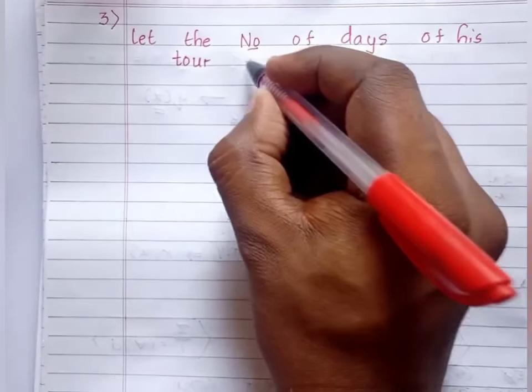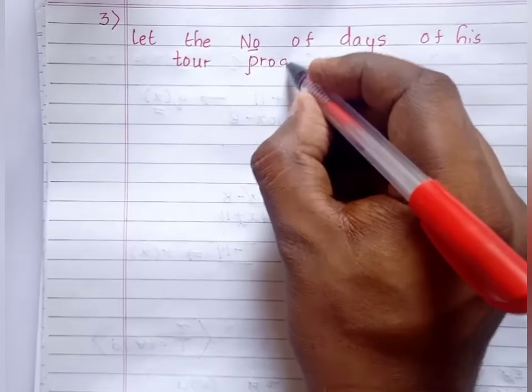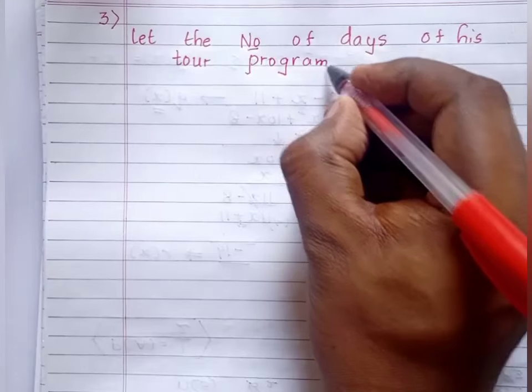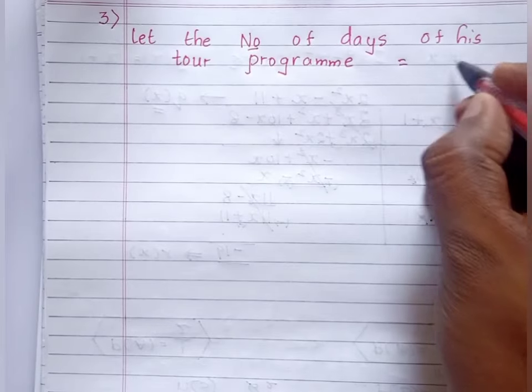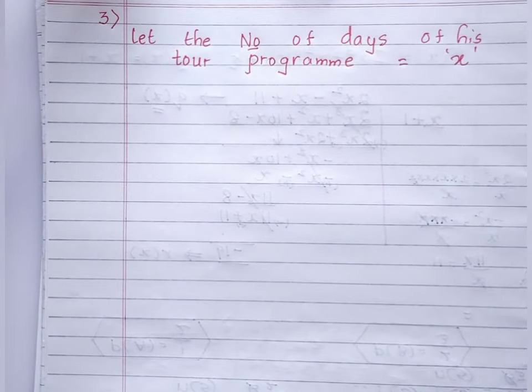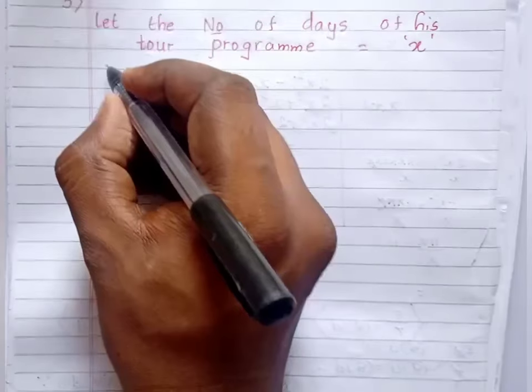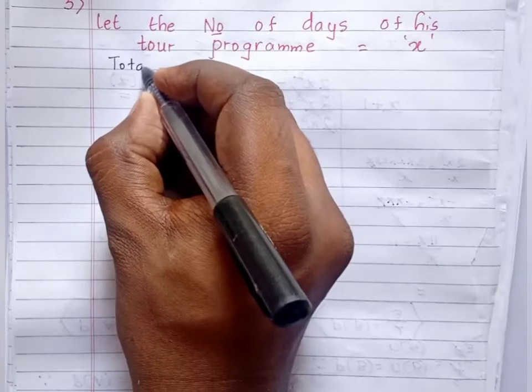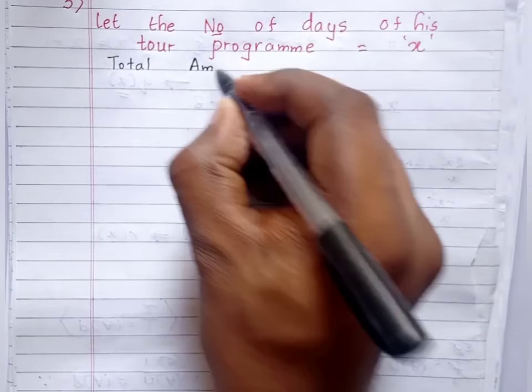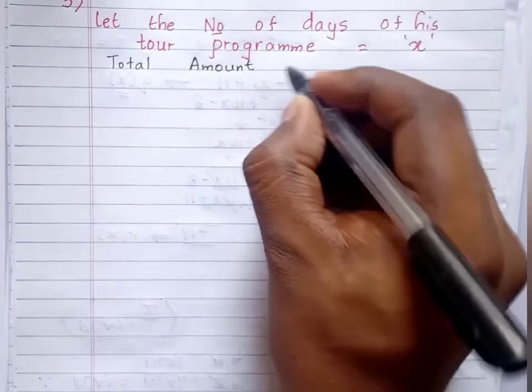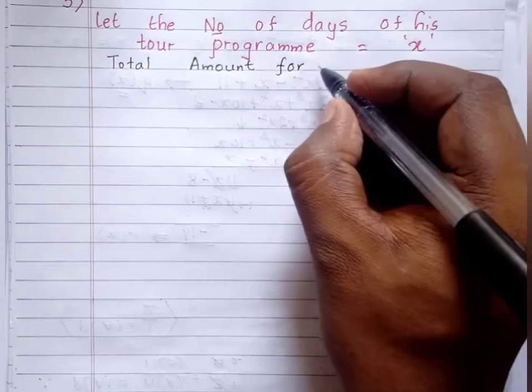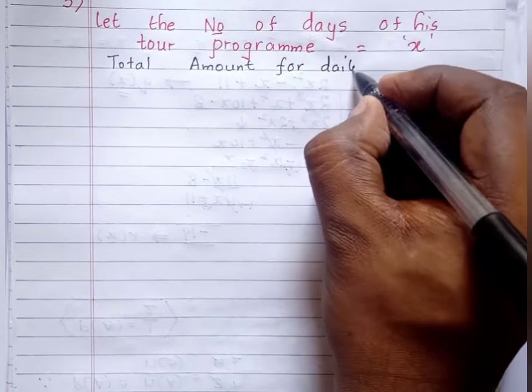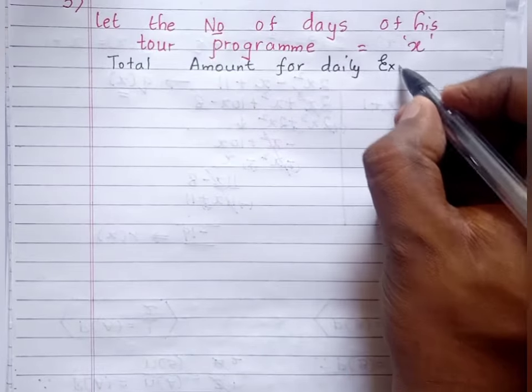Now the total amount for daily expenses is rupees 360. Now for per day, it is 360 divided by the number of days.